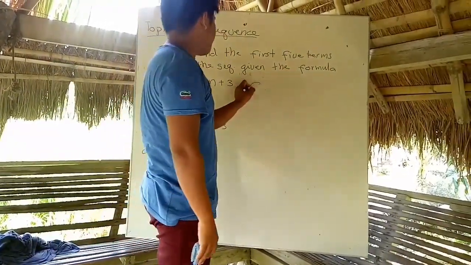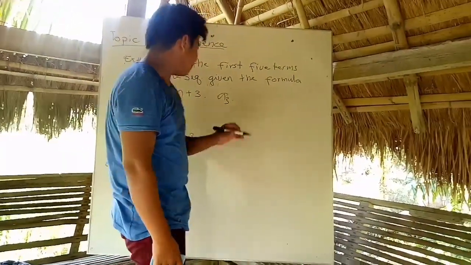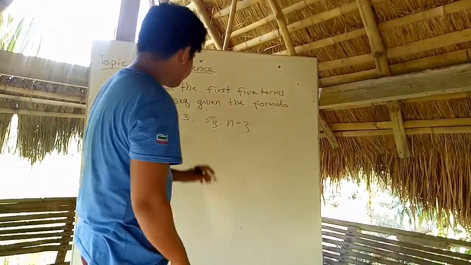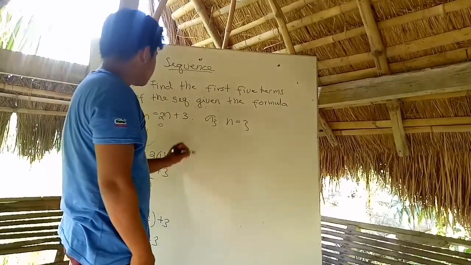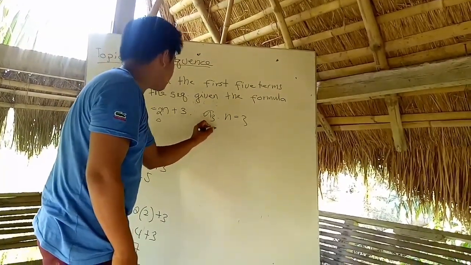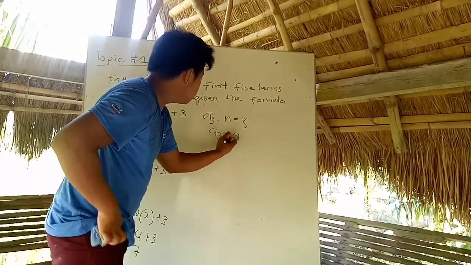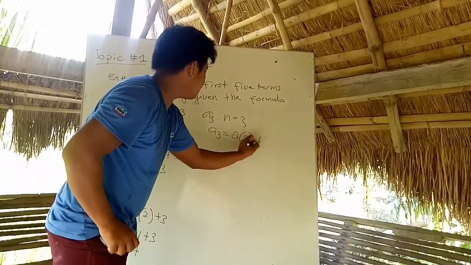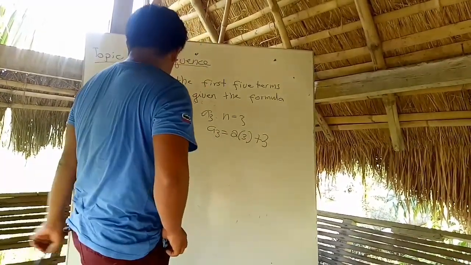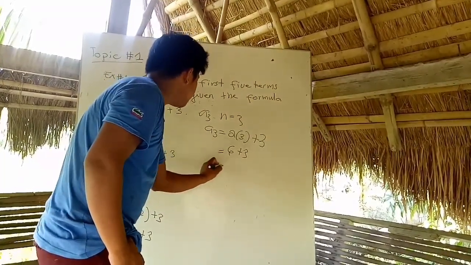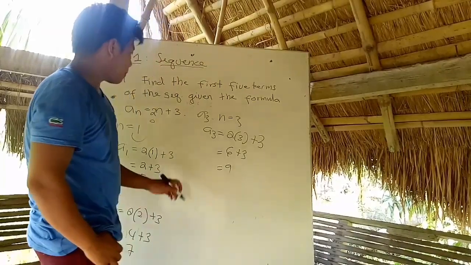For a sub 3, or the third term, n is 3. So by substitution, we have a sub 3 equals 2 times 3 plus 3. So we have 6 plus 3, it's 9.